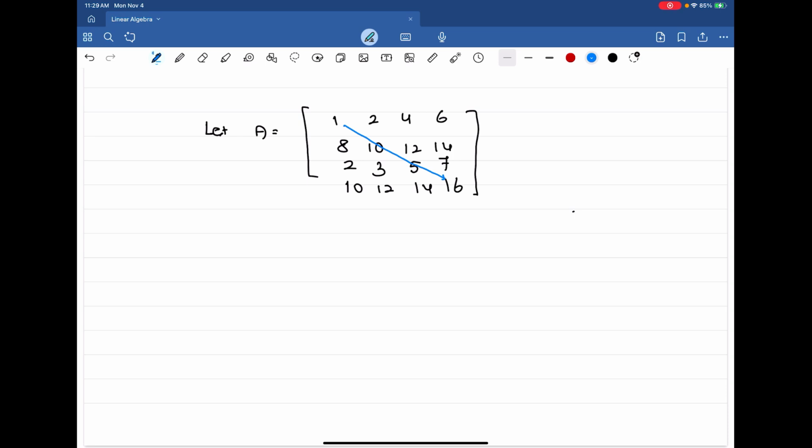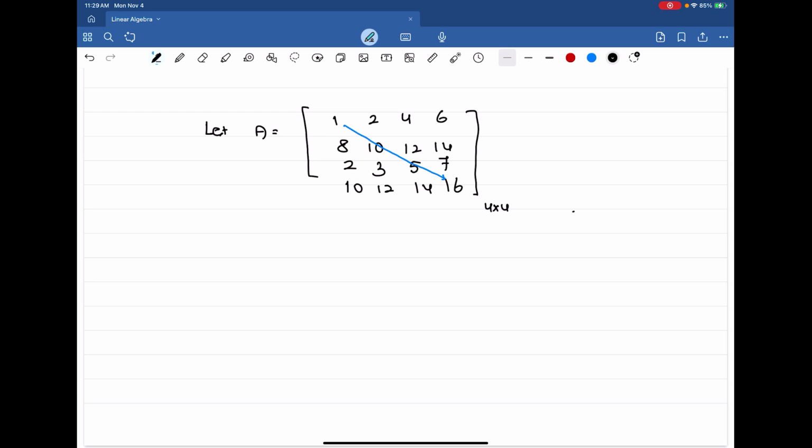Or else we can make all the elements above and below the principal diagonal zeros. That is the aim of these elementary operations, to convert this 4 by 4 matrix into either a triangular matrix or a diagonal matrix.